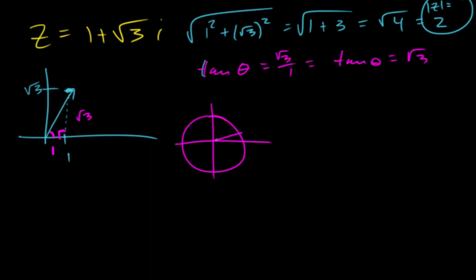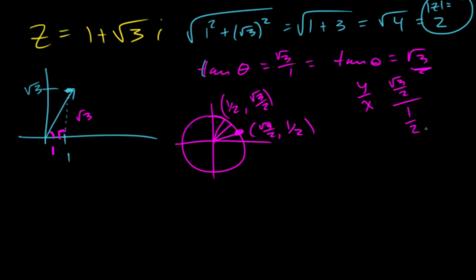So if we do it like this, this is going to be square root of 3 halves, 1 half, and then this is 1 half, square root of 3 halves. Now, since tangent is y over x, which one's going to leave us with this? Well, we want this on top, and the 2's will cancel, we're left with square root of 3.